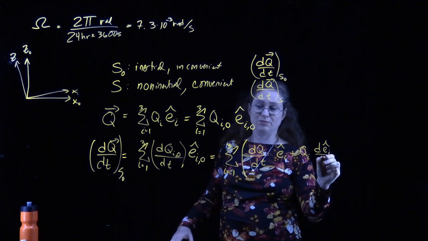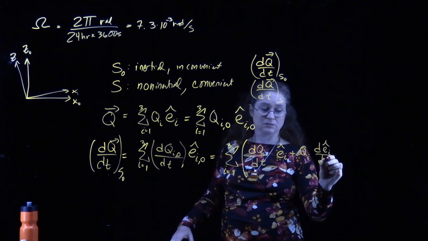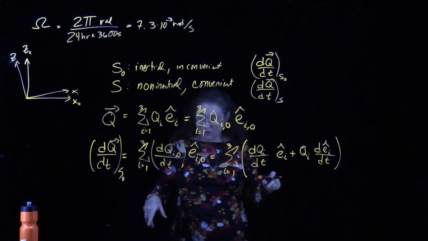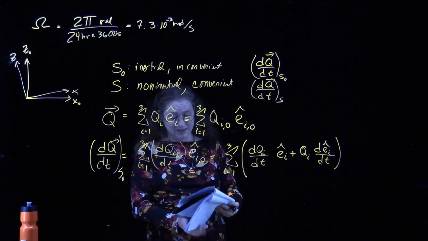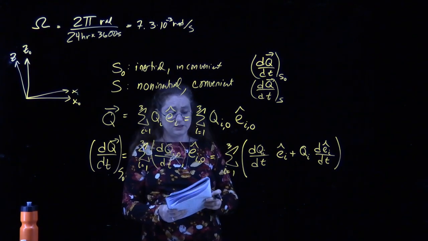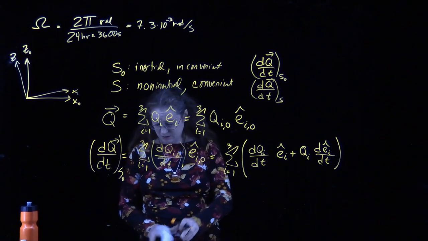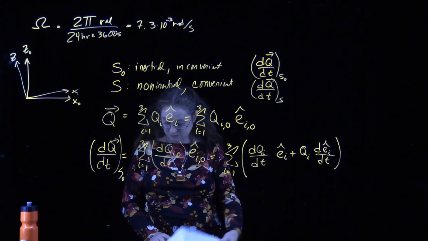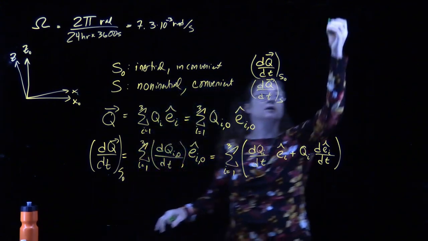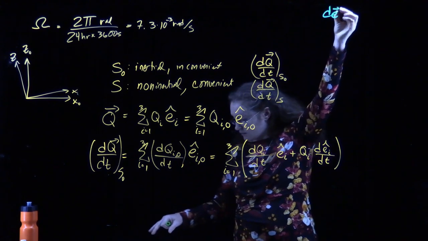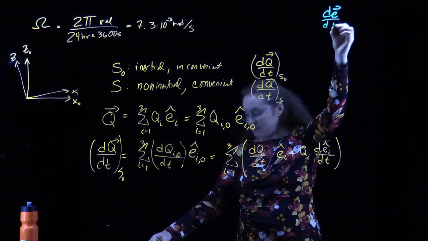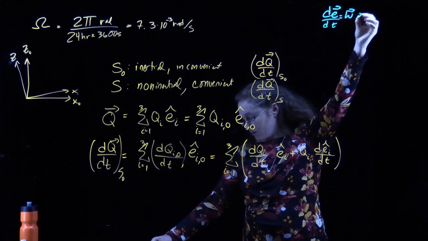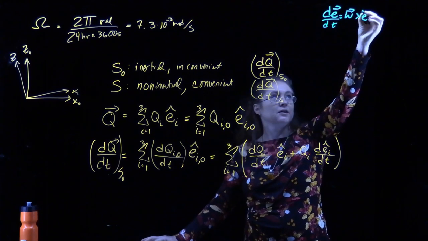Then we have this time derivative here, except that what we talked about in the last section was that the time derivative, so in the last section we said dE dt in the rotating frame is omega cross E.